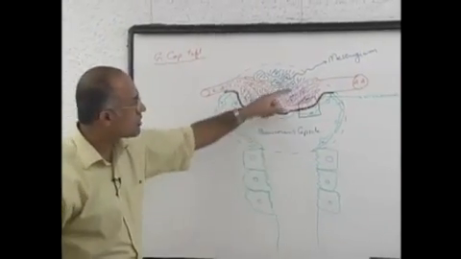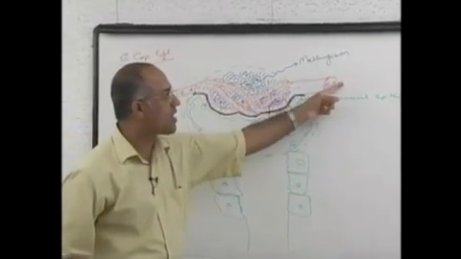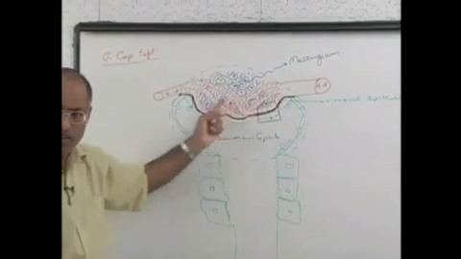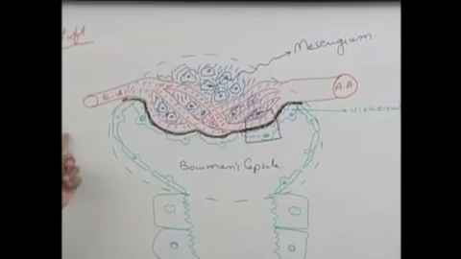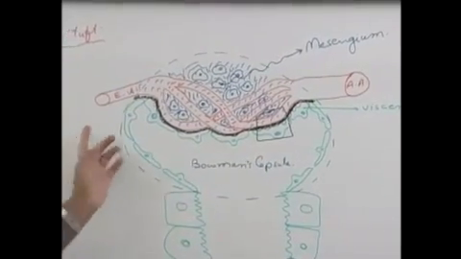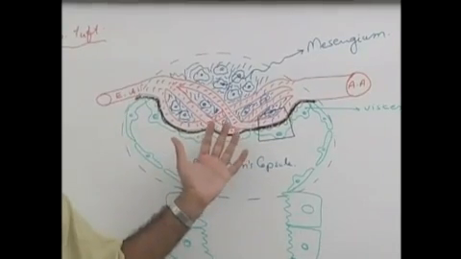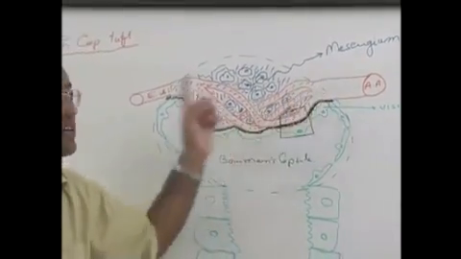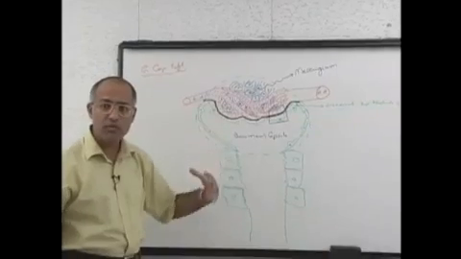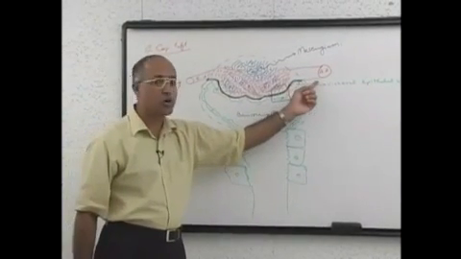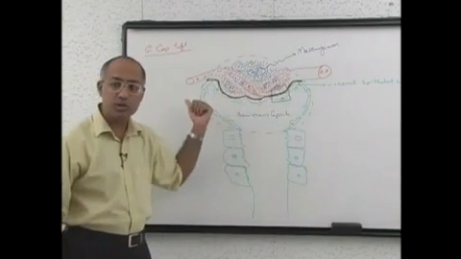Again, whole glomerular capillary bed is fed by the afferent arteriole. On other side it is drained by the efferent arteriole. And because these capillaries are unusually placed between two arterioles, most of other capillaries in the body have arteriole on one side and on other side they have venule.